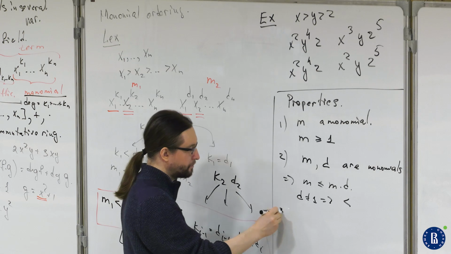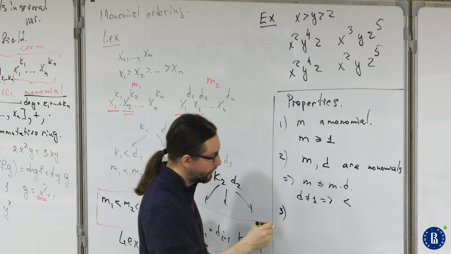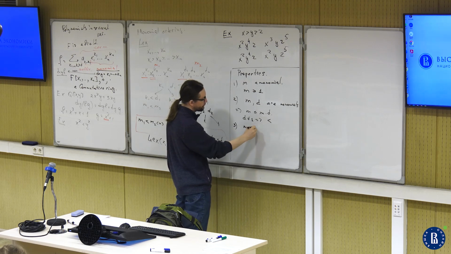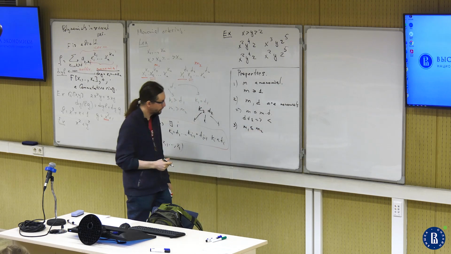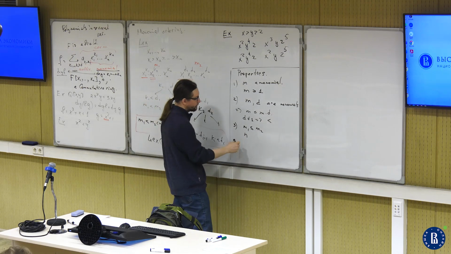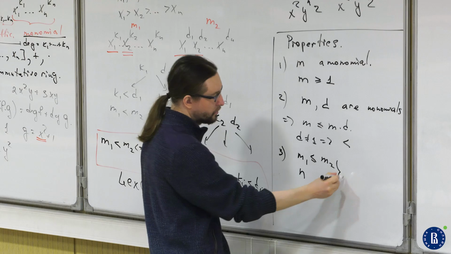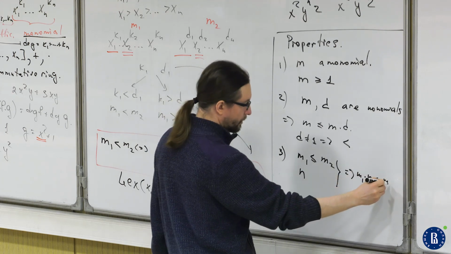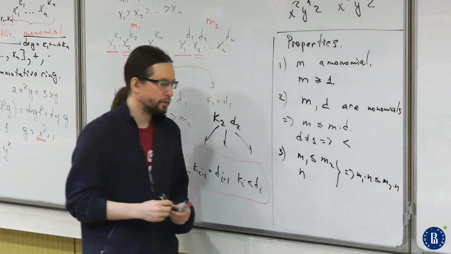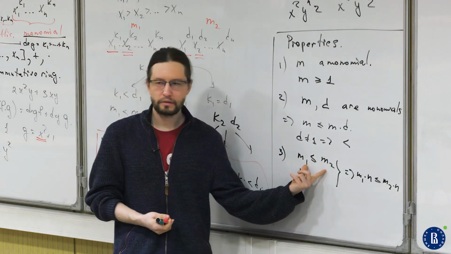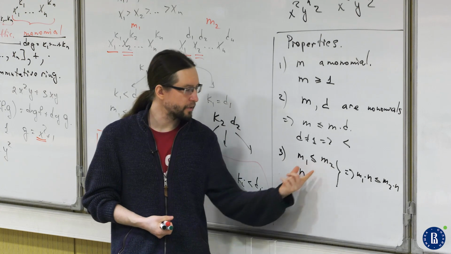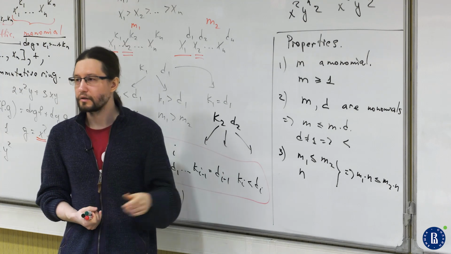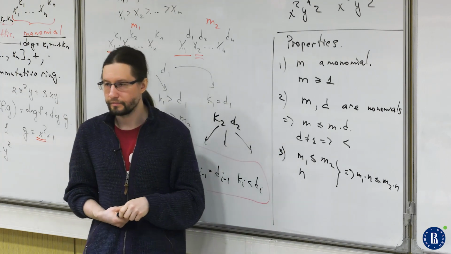And property number 3: if we know that m1 is smaller, let's say not greater than m2, and n is an arbitrary monomial, then m1 times n is not greater than m2 times n. So if you have some inequality and you multiply this inequality by the same monomial on the left and the right hand side, you will get the same inequality.